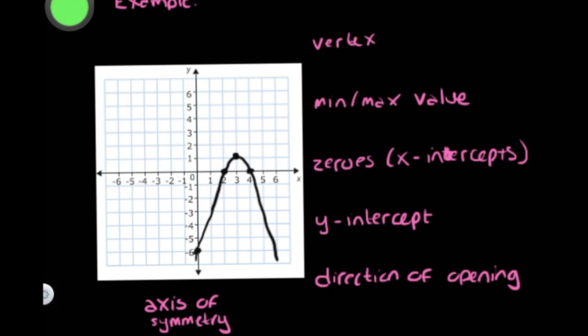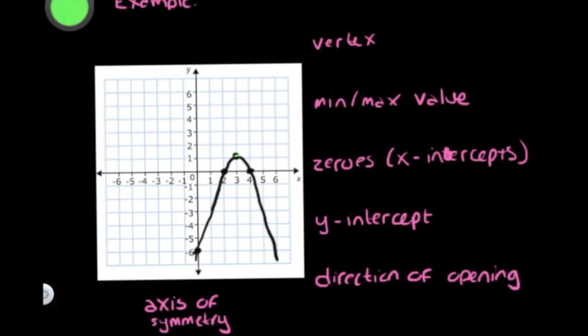So the first thing is we want to find our vertex. Remember that the vertex is going to be that center point of the parabola. So if we go right here to the center of the parabola, we can see that our vertex is at 3 on our x and 1 on our y, right here where I've just put this green dot.